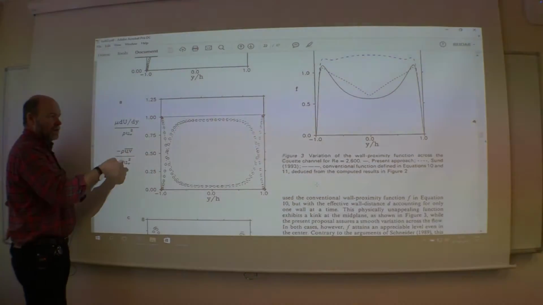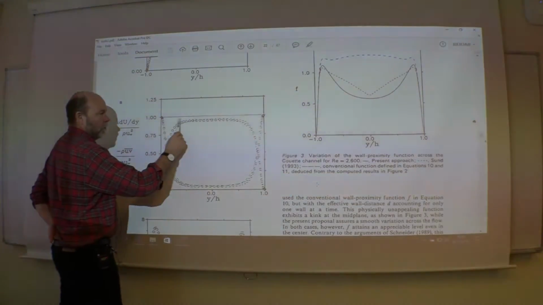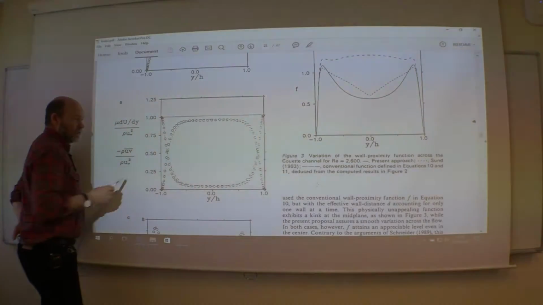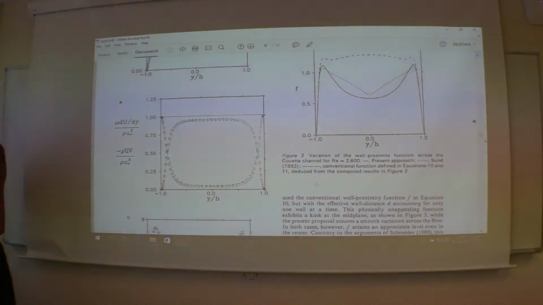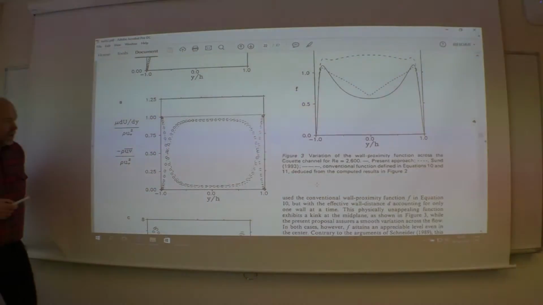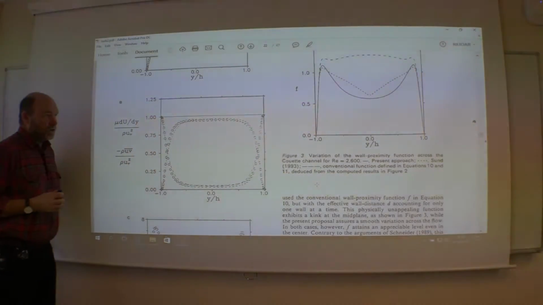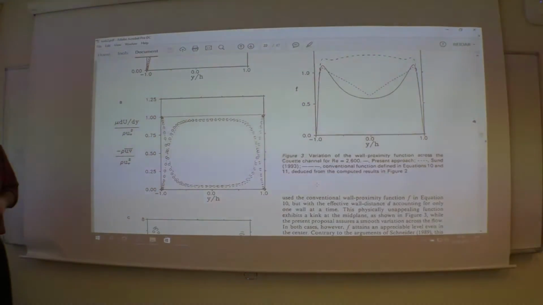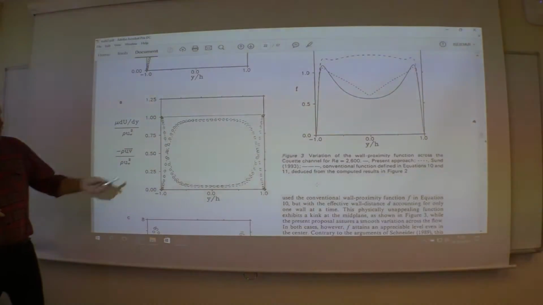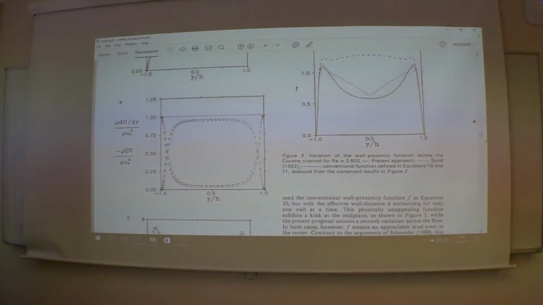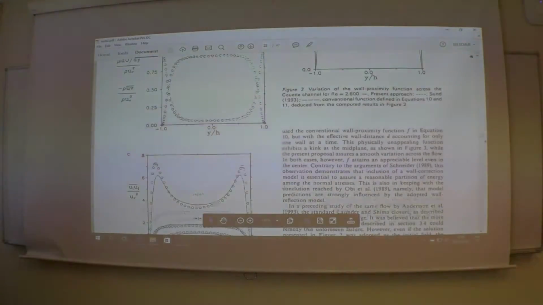And when you add these two together, you should get 1. So this line, that's calculated. It's not just drawn a straight line up there. So that's just to verify that you have a good solution. So the sum of these two is indeed 1 from wall to wall, as it should be. And the result agrees fairly well with the DNS.